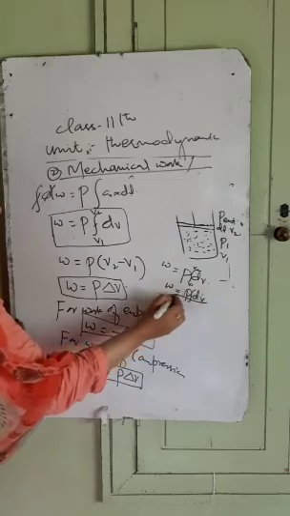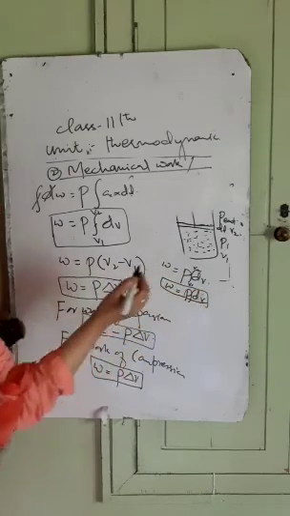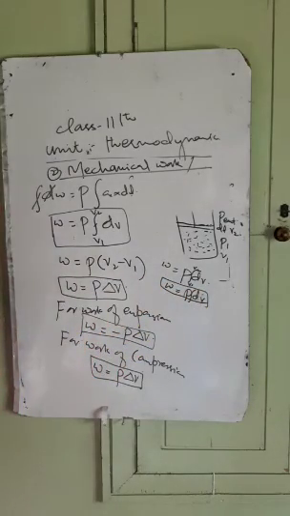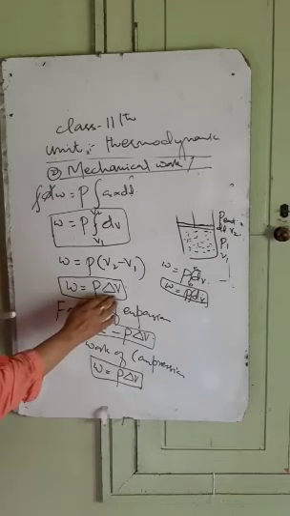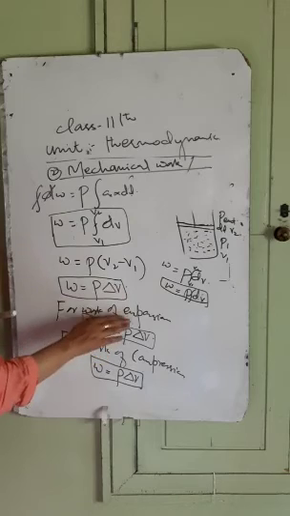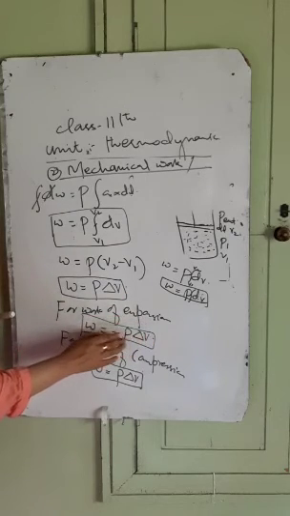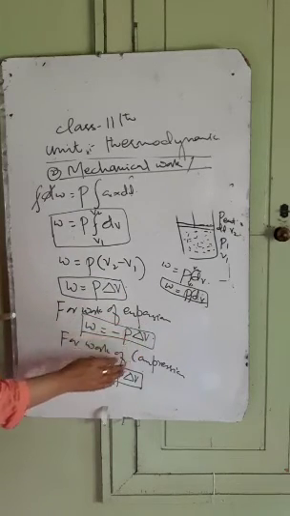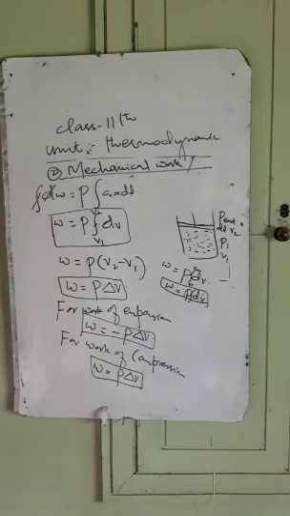In case of irreversible expansion, work done is equal to P into delta V, that's a large change in the volume, and then we obtain the expression for the work of expansion, W is equal to minus P del V, and for work of compression, W is equal to P del V.